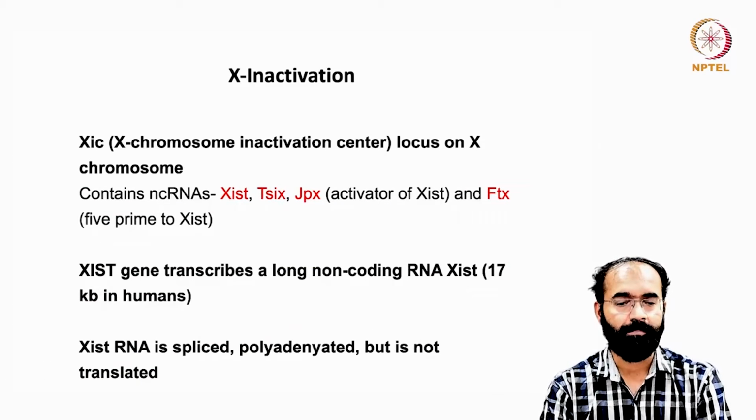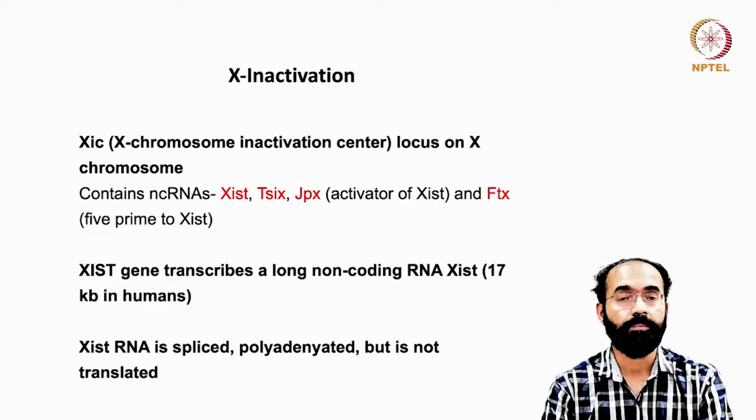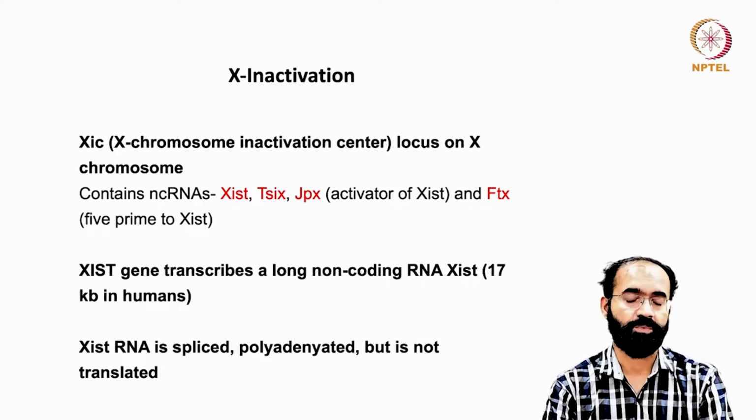How does this happen? X inactivation happens via the X inactivation center, the X chromosome inactivation center. So it happens in a locus of the X chromosome.